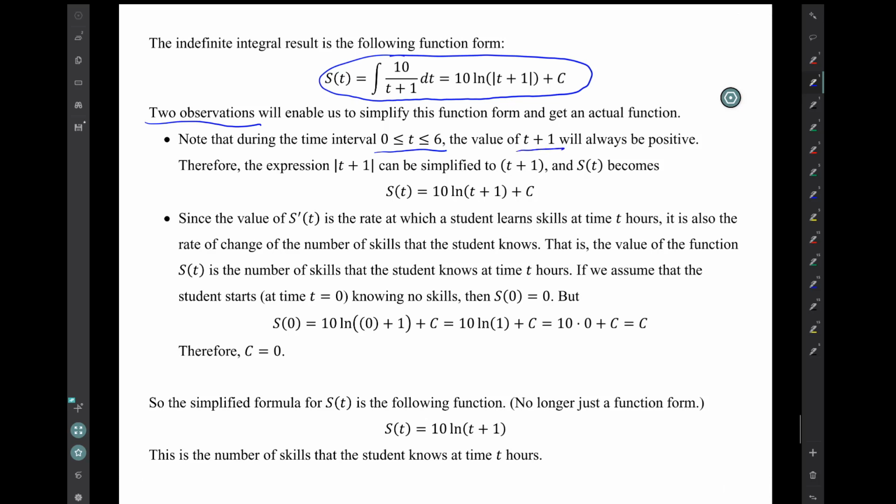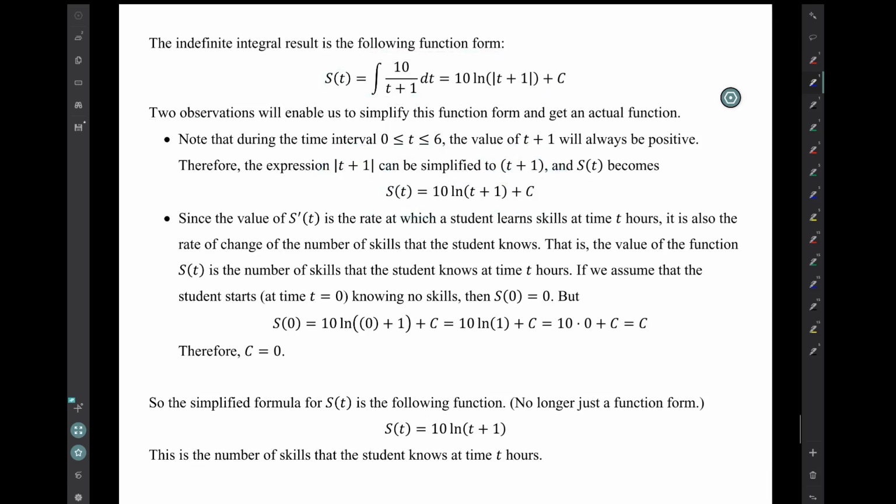So therefore, this expression, absolute value of t plus 1, can be simplified, and we can just write it as t plus 1. So that means that the expression for the function form, capital S of t, becomes this. Capital S of t is 10 ln of quantity t plus 1 plus c. We don't need to keep those absolute values.